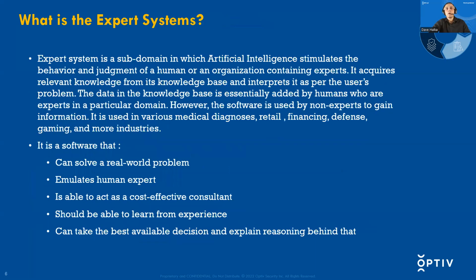So now let's talk about what the expert system is. So the expert system, we can say it is a subdomain of AI. Usually this is used as rule-based machine learning, which is supervised machine learning, and some knowledge base, okay, just to provide the best solution for a problem.